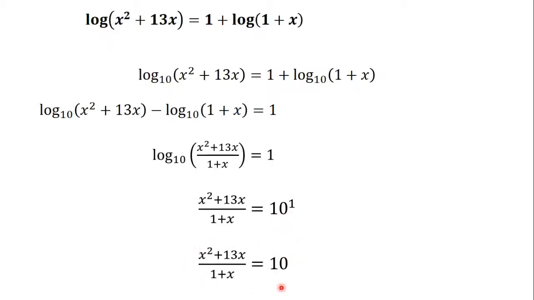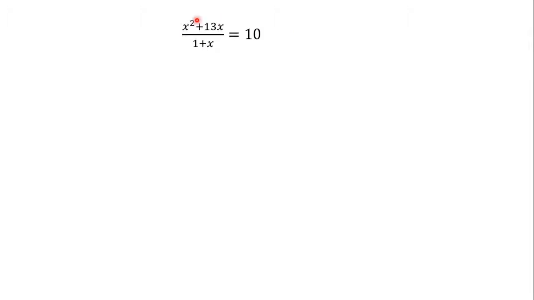So we now have this quadratic equation: x squared plus 13x divided by 1 plus x is equal to 10. Let's simplify it so that we can solve the quadratic equation that we obtained. I want to clear the fraction. So I'm going to multiply the left hand side by this denominator, then the right hand side also by the same denominator. Since it is the only fraction, the denominator is going to be the LCM.